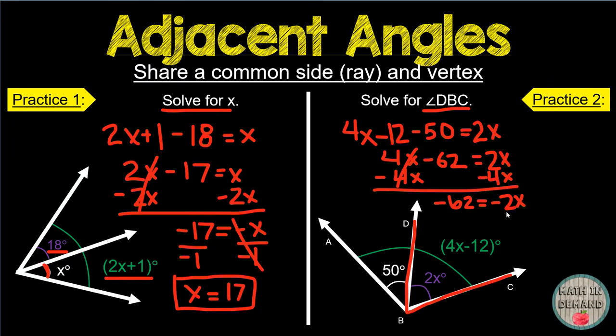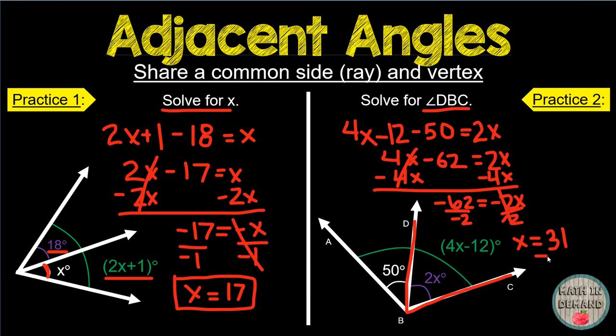Divide both sides by negative 2. Negative 2 divided by negative 2 will cancel, and I'm left with just x. So I have x equals negative divided by negative, which we said is a positive, 62 divided by 2, which gives me 31.